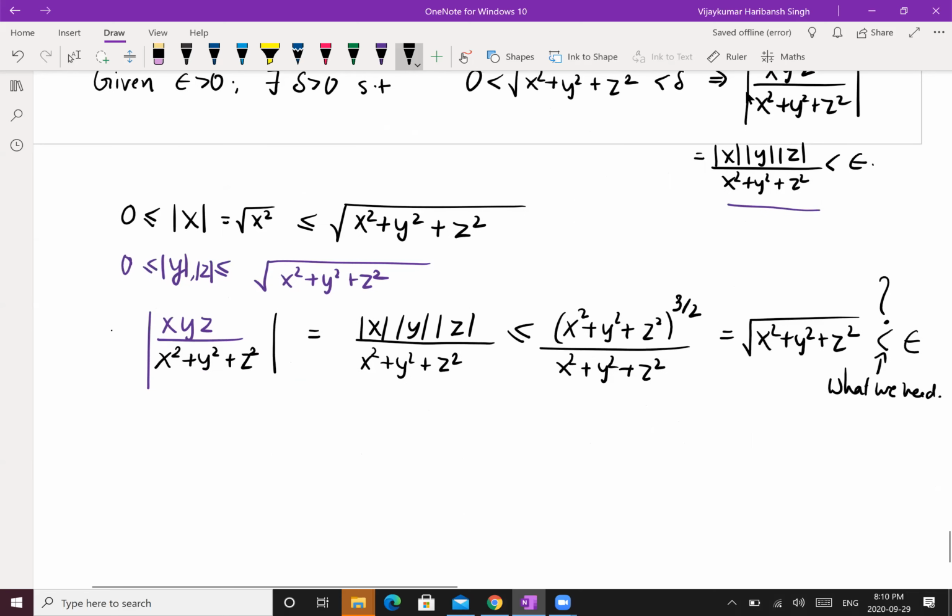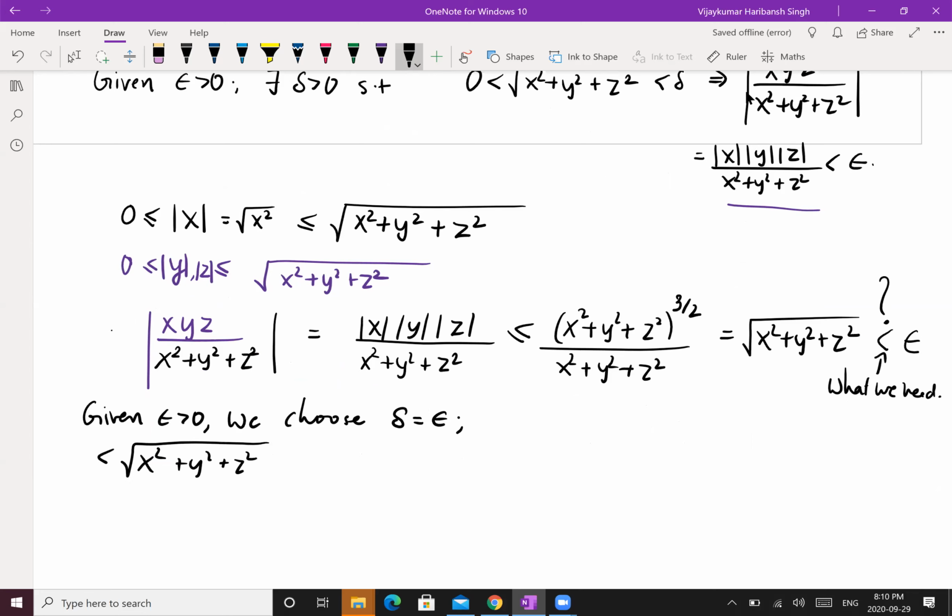So given epsilon greater than 0, if we choose delta equal to epsilon, then the square root of x square plus y square plus z square, greater than 0 and less than delta, implies that the absolute value of x y z upon x square plus y square plus z square is going to be less than epsilon, following this chain, which is less than delta, which equals epsilon.